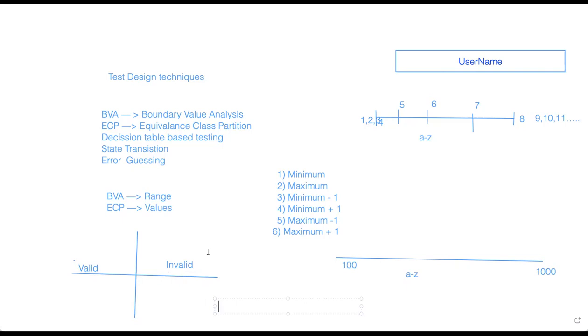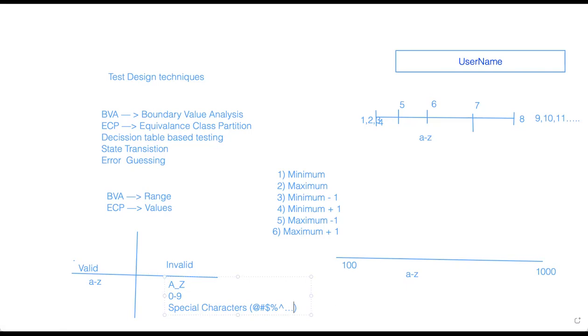As per my requirement, valid data is small a to z, and invalid is uppercase A to Z, 0 to 9, and special characters, like at the rate, hash, and all these things.